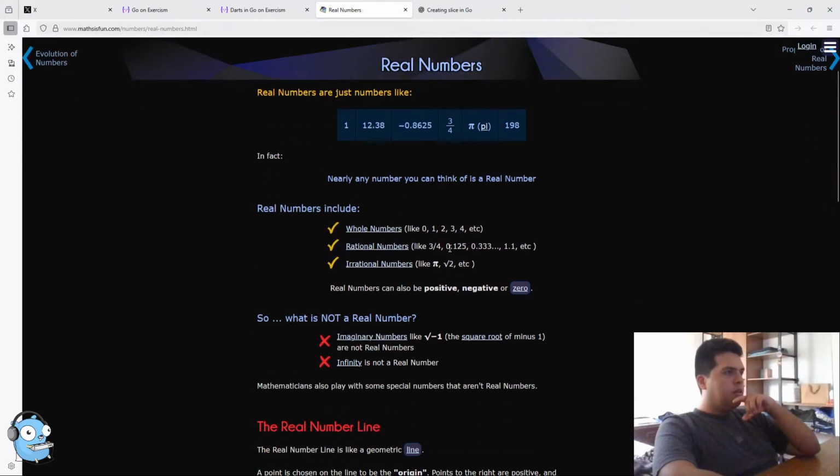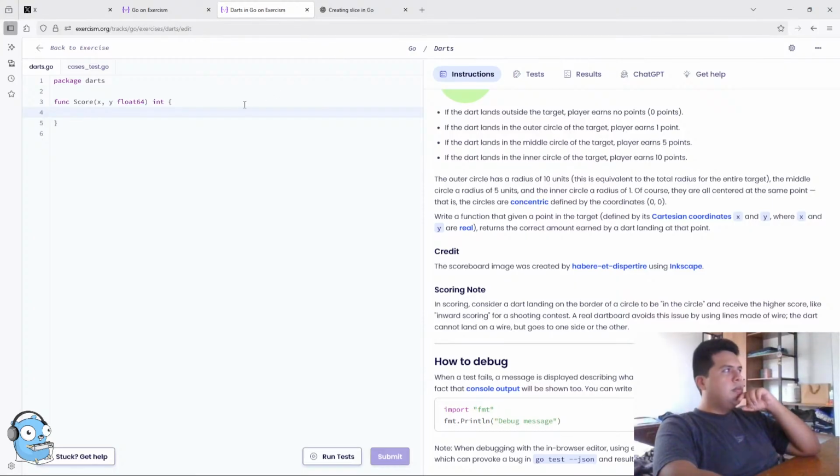Real numbers include whole numbers, rational numbers, irrational numbers, and also positive, negative, or zero.